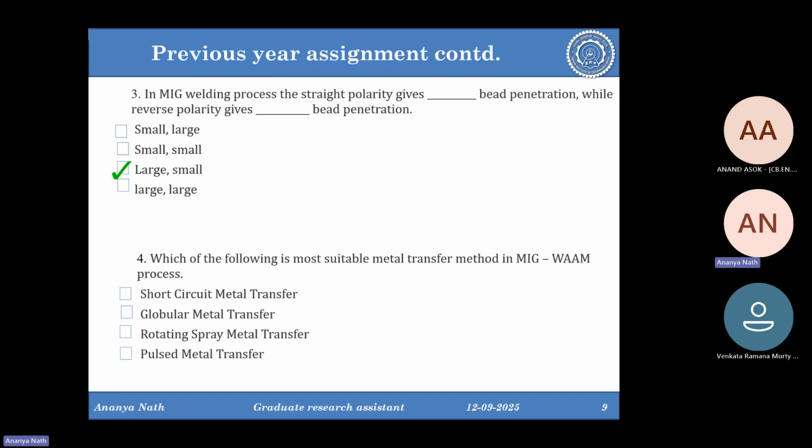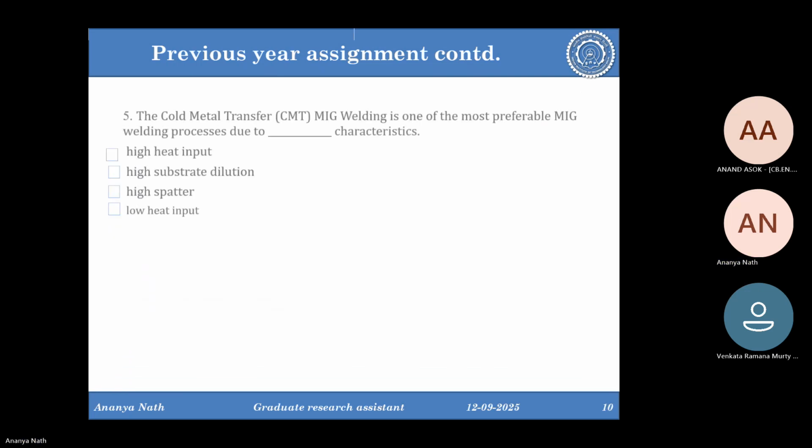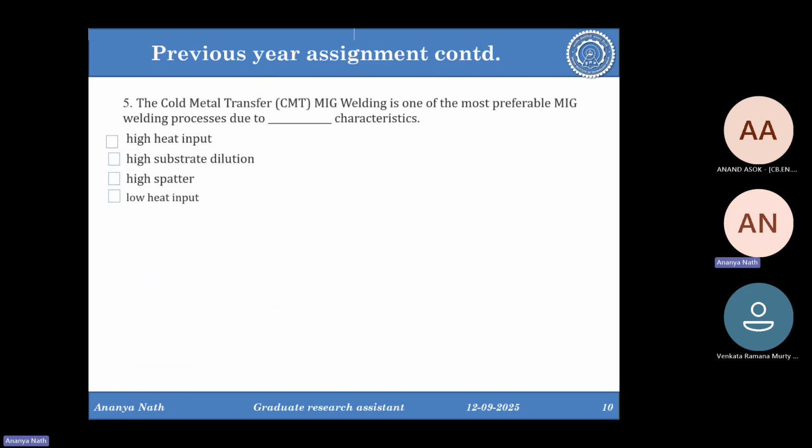Which one of the following is the most suitable metal transfer in MIG? It's pulsed, already answered. The cold metal transfer MIG is one of the preferred processes due to... it's easy, try to guess. Low heat input.